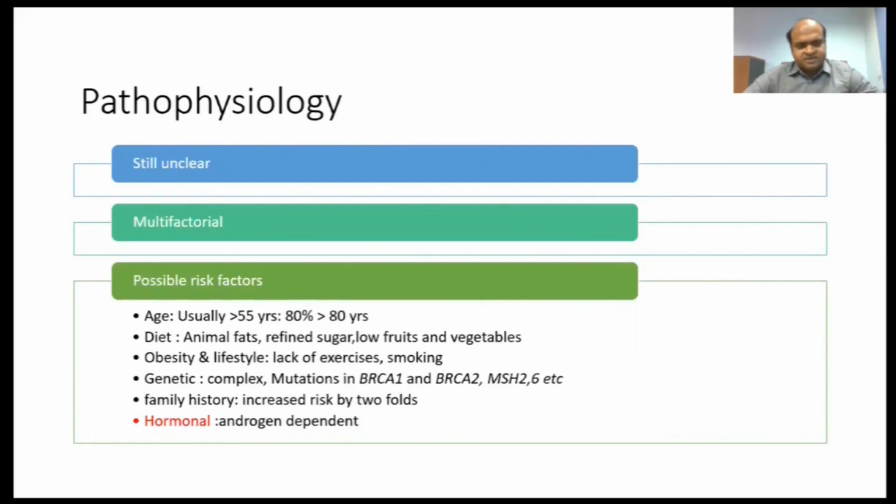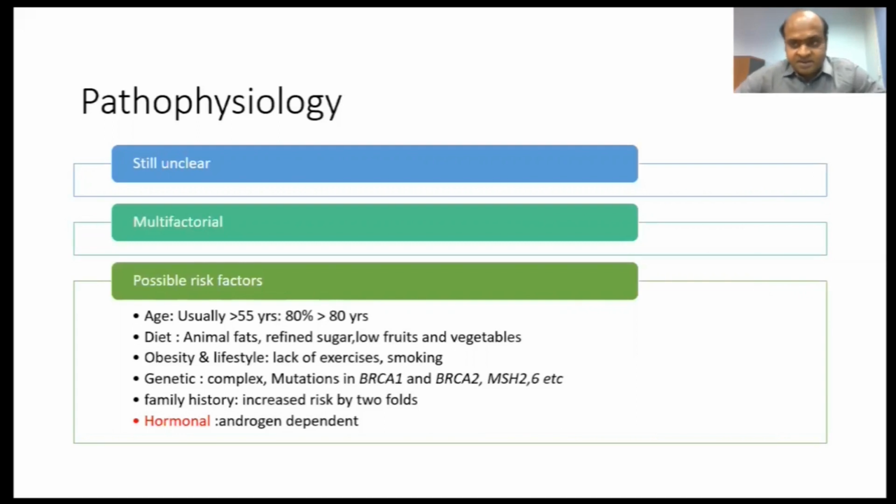Genetic factors are a very complex subject, but there are a few important genes among more than hundreds of genes. If I talk about them, there are BRCA gene 1 and BRCA gene 2, which have also been described in context of breast cancer.